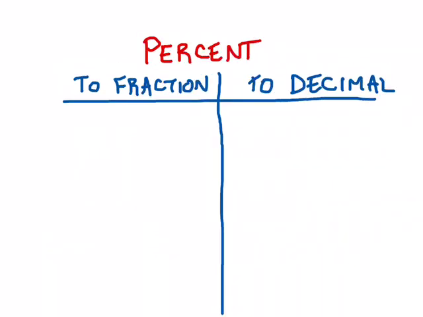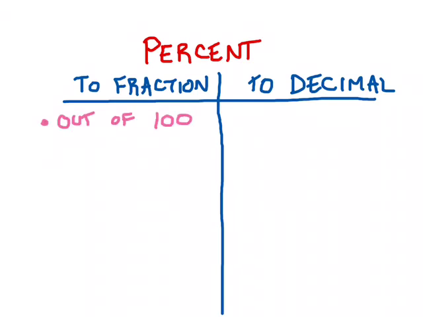Converting a percentage to a fraction or a percentage to a decimal also ends up being relatively easy. To convert a percentage to a fraction, all you have to do is remember that a percentage always means out of 100. Percent literally means out of 100.